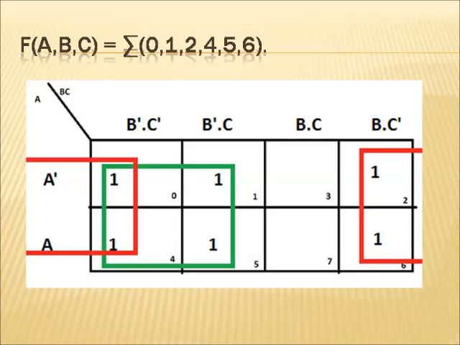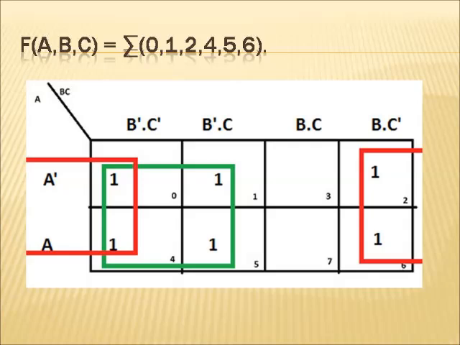Let me repeat again. So when we form the groups of the given K-map, after marking the index positions, we have to form the groups. So here we can say we can form two groups, that is two quads. The first quad, which is in the green color marking, you can see I'm joining 0, 1, 4, 5 as the first group.